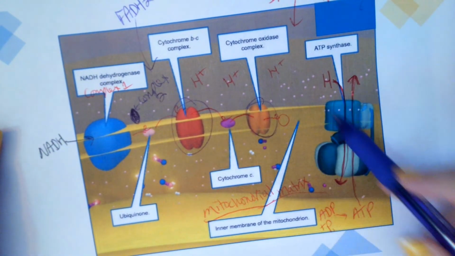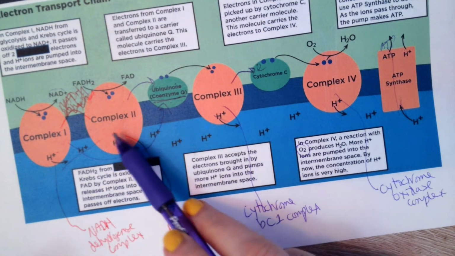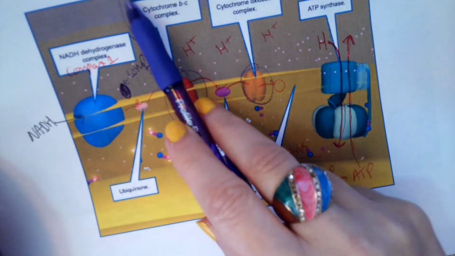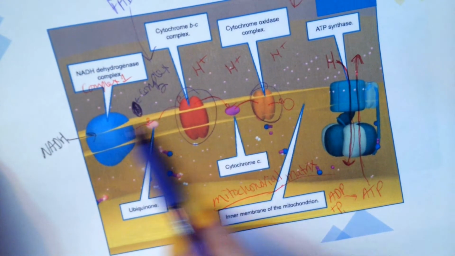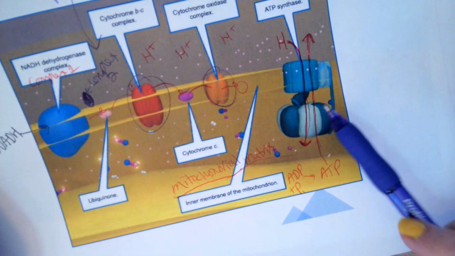So this is the electron transport chain. This is the electron transport chain with FADH added into it. Here they're just doing the NADH. They're not worrying about the FADH at all, just doing NADH. But it shows the ATP synthase pretty nicely here.